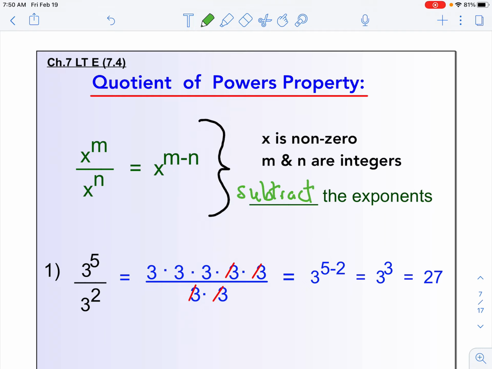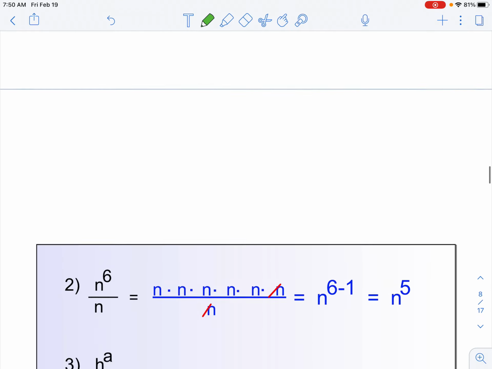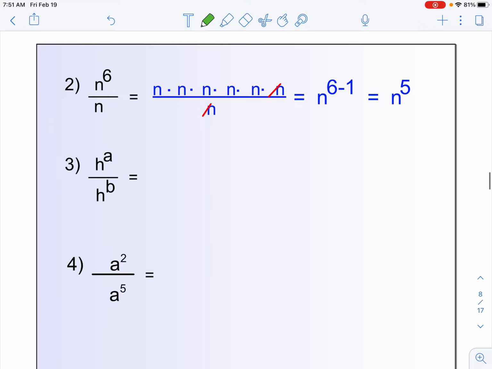Here's an example all worked out for you, where we are showing you that you are just subtracting those exponents. And if it's a number, then you go ahead and get an answer of 27. A lot of times with variables, you'll just have the letter. So again, this number 2 is worked out for you.